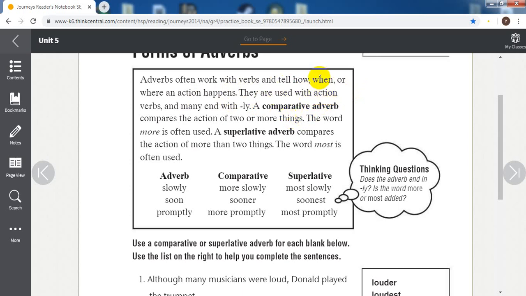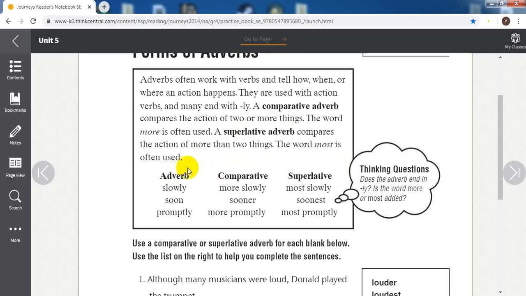They are used with action verbs, and many end with ly. A comparative adverb compares the action of two or more things. The word more is often used over here. Okay? A superlative adverb compares the action of more than two things. The word most is often used.